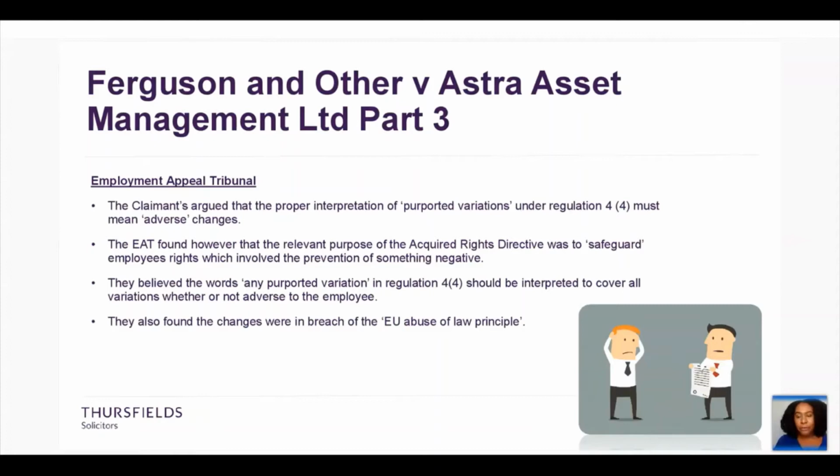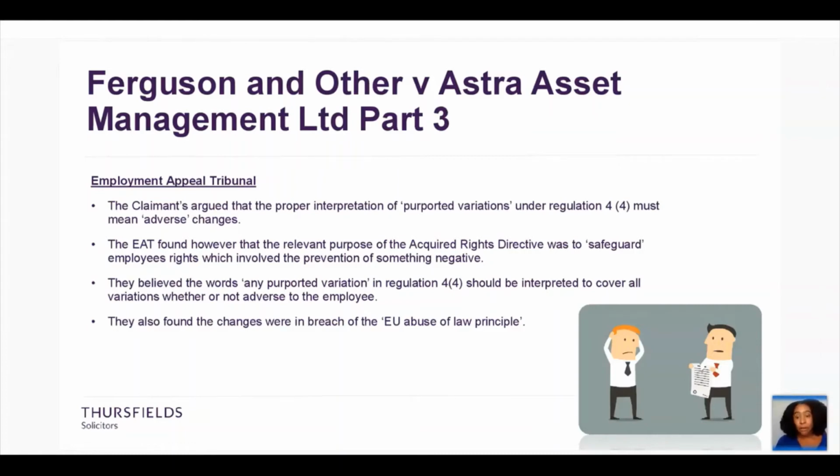So we have employees that materially change their contracts in the hope that the incoming employer would be bound by these revisions. The parties accepted that the abuse principle was not properly relevant to the interpretation of the regulations, and the issue of abuse and interpretation needs to be considered separately.